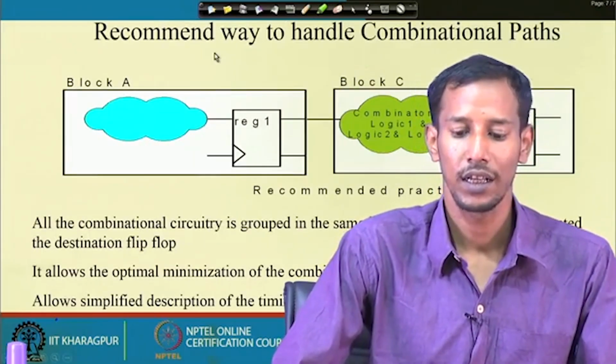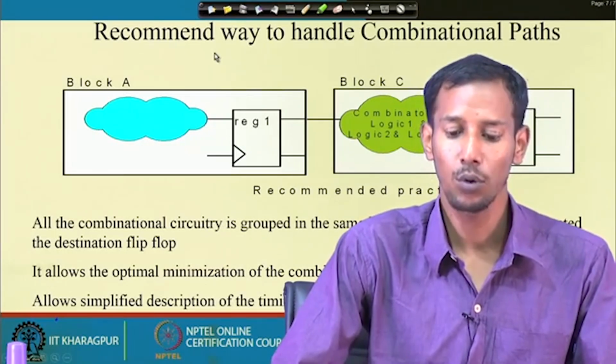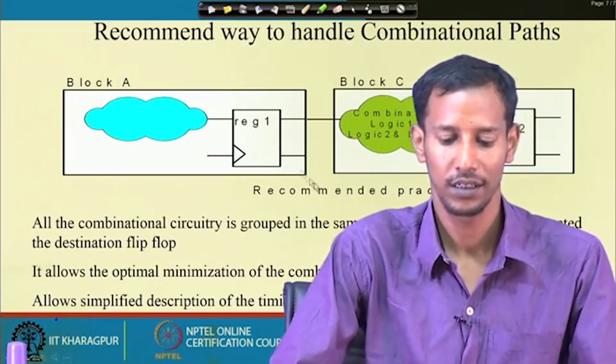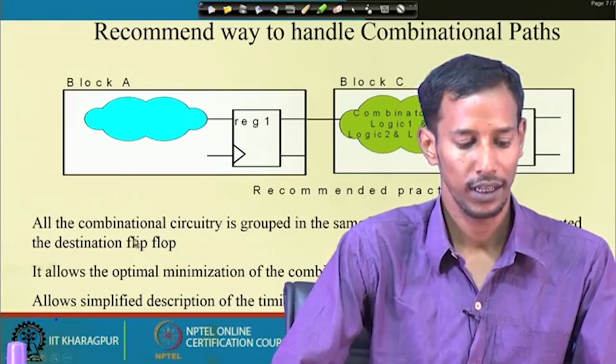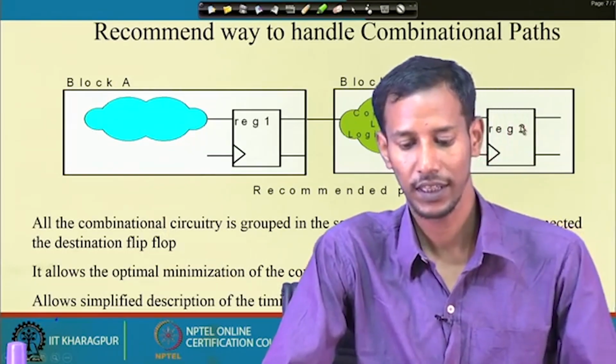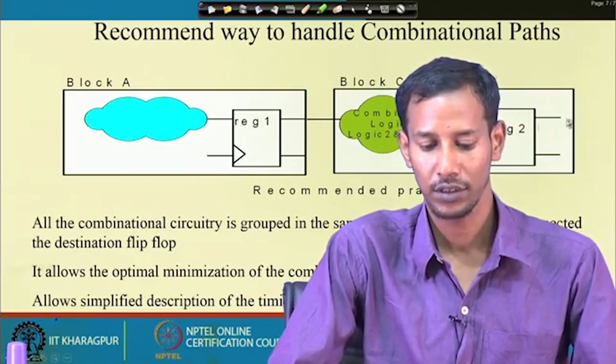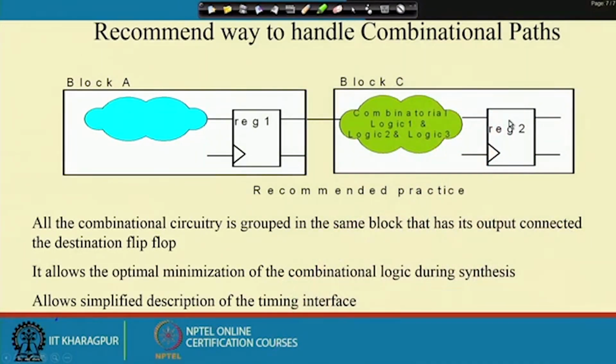And how to handle the combinational path. If you see another logic, the two registers have logic 1, logic 2, logic 3.